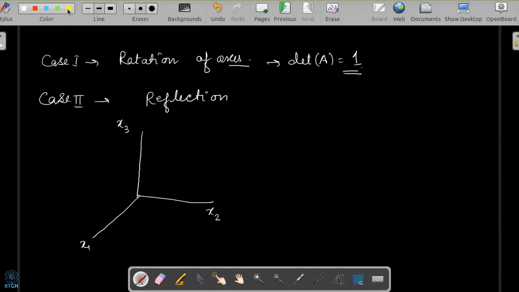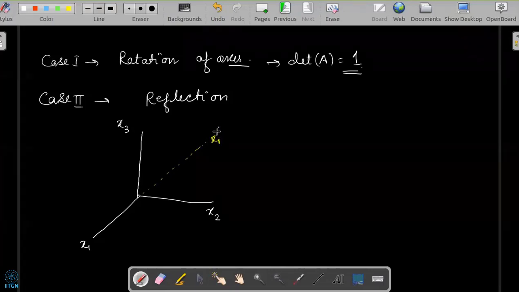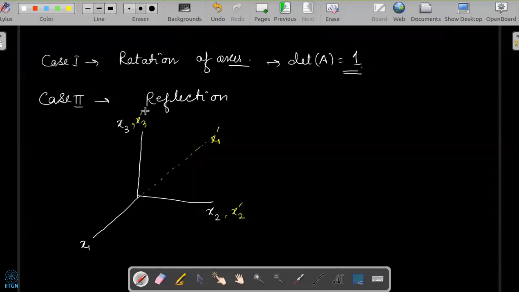Now for the new set of axes, we keep the x2 x3 plane as a mirror and find the mirror image. Let's say this is x1 prime, and x2 prime and x3 prime are the same.